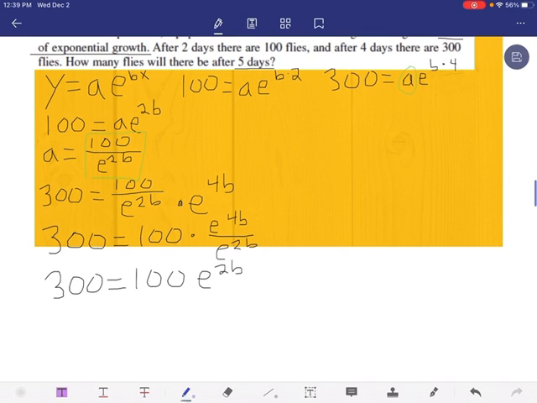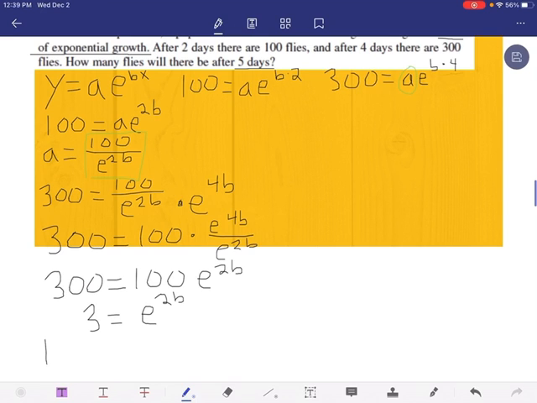And now, since we only have one item that's being raised to an exponent, we can go ahead and try and solve for that, get it by itself, and then we can take a natural log. So notice my first step is going to be to divide by 100. So we're going to get 3 equals e to the 2b.